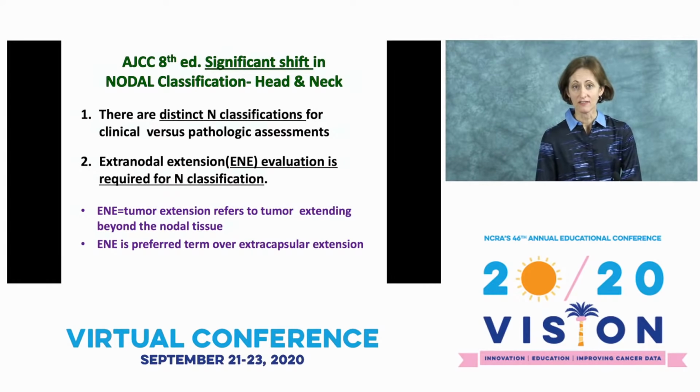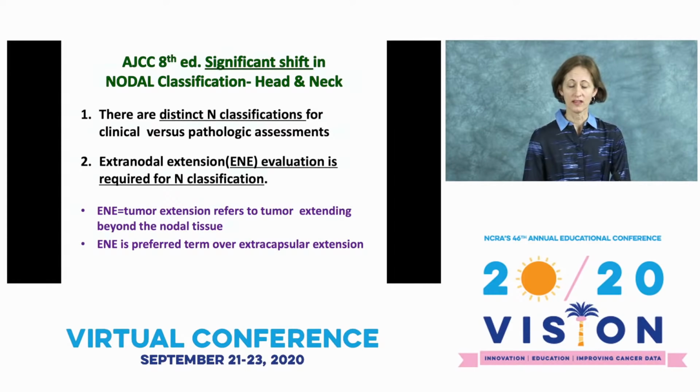The 8th edition of AJCC had a significant change. Instead of just viewing the number or the location of the positive lymph nodes and the size, they added extranodal extension, which is something that can be done clinically by radiographic means, but that's going to be for gross, and I'll show you examples.